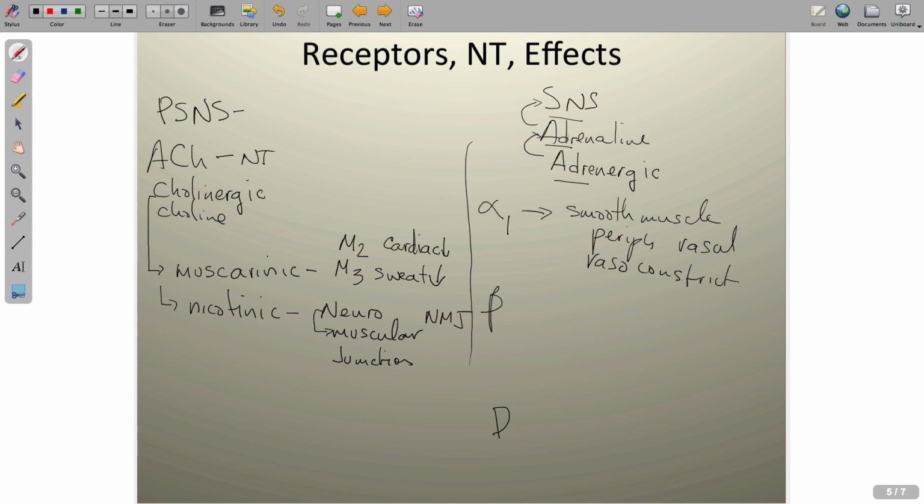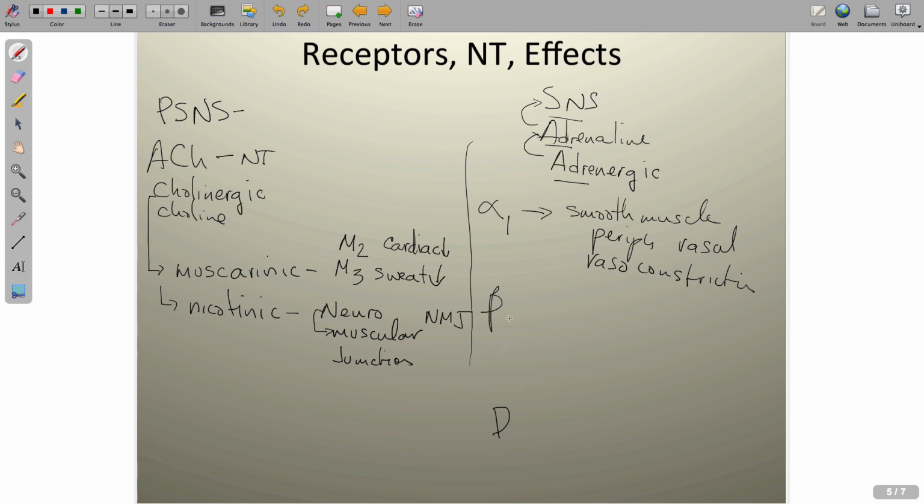So, if you have an adrenergic drug, like adrenaline itself, it's going to target alpha 1 cells, and when you put that drug in the body, it's going to cause the smooth muscles of the peripheral vasculature to vasoconstrict, which means you're going to tentatively get an increase in blood pressure. That's the goal there.